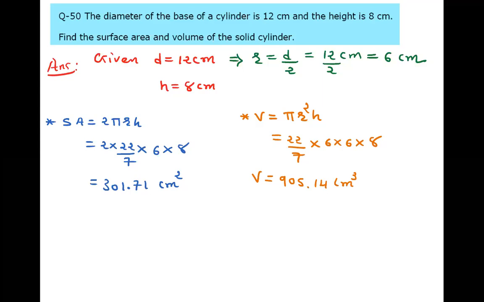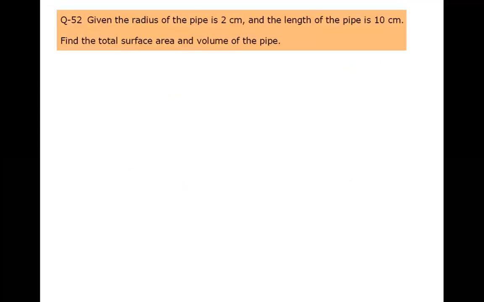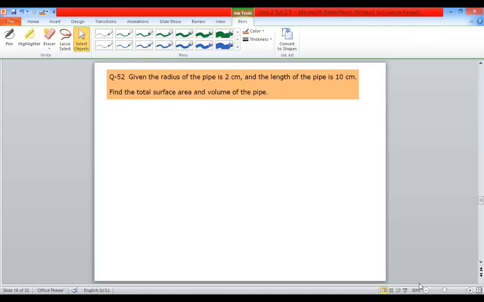Now the next question on your screen, yes, it's a very easy example. Could you find it? You have a pipe whose height is 2 centimeter, length is 10 centimeter, then find the total surface area and their volume. This is the closed pipe, okay? So don't worry.